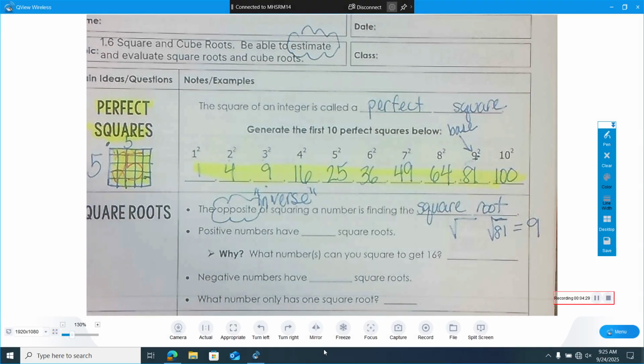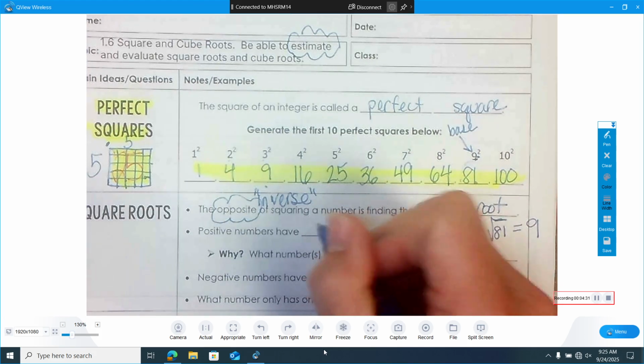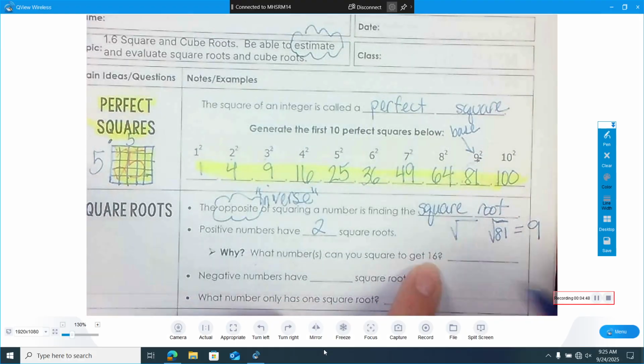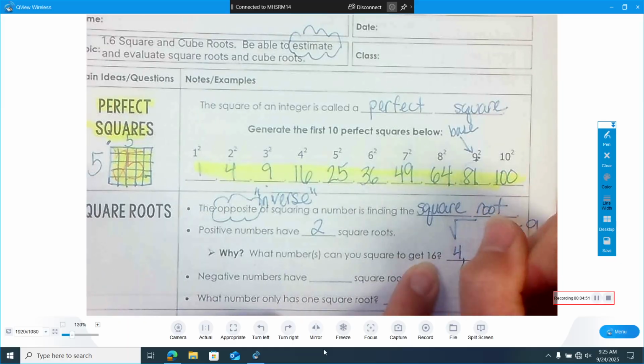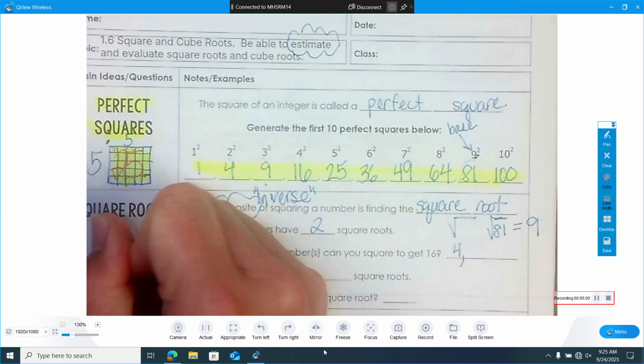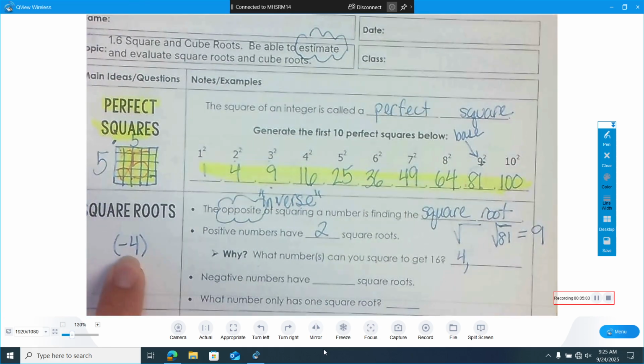Okay. So positive numbers have, it turns out, 2 square roots. That's because, what number can you square, for instance, to get 16? What number squared gives you 16? 4. Now, there happens to be another number that we can square that also gives us 16. What about negative 4?